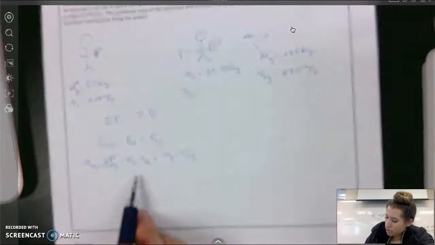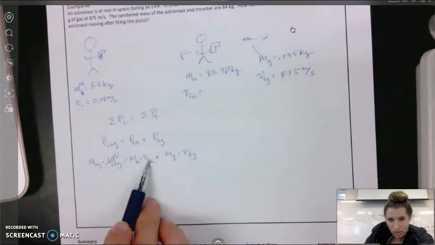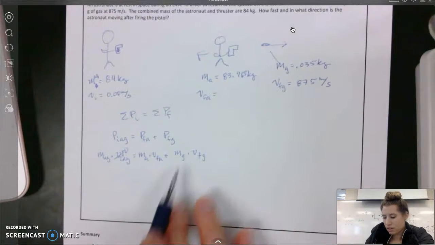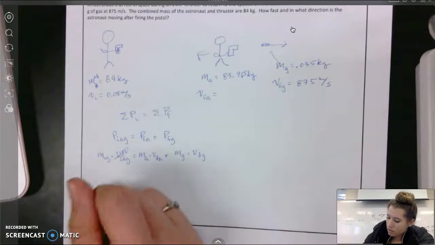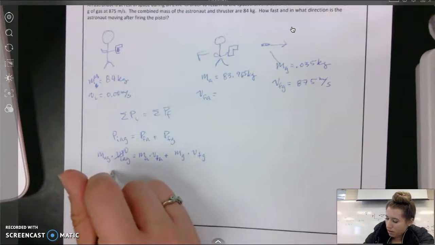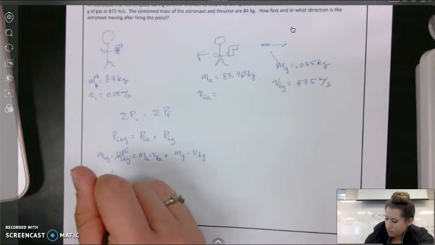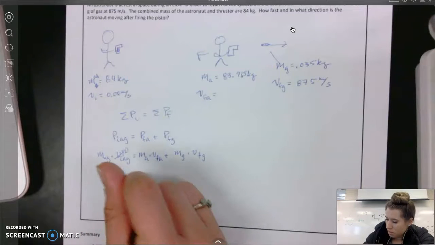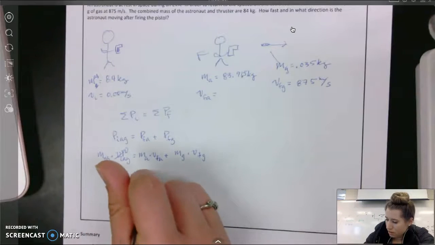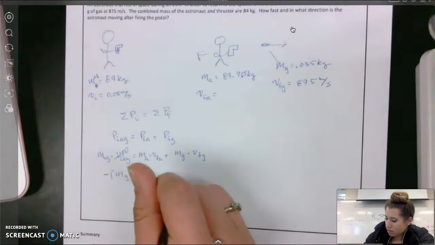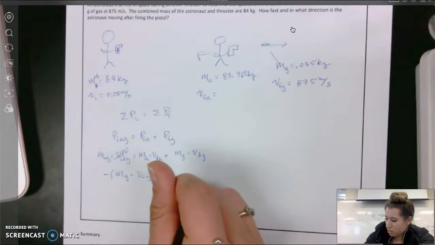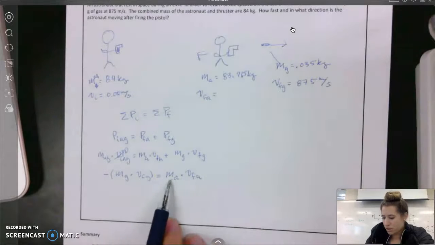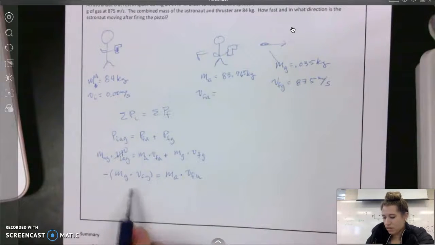And then we're solving for this. So if we have anything added or subtracted, we should move that first. So we're going to subtract that to the other side. So we'll have negative mass of the gas multiplied by velocity final of the gas. And that will equal mass of the astronaut multiplied by velocity final of the astronaut. That's what I'm solving for, so I'll divide by the mass of the astronaut.